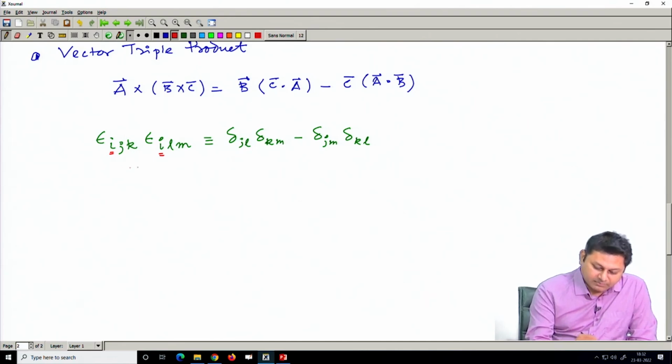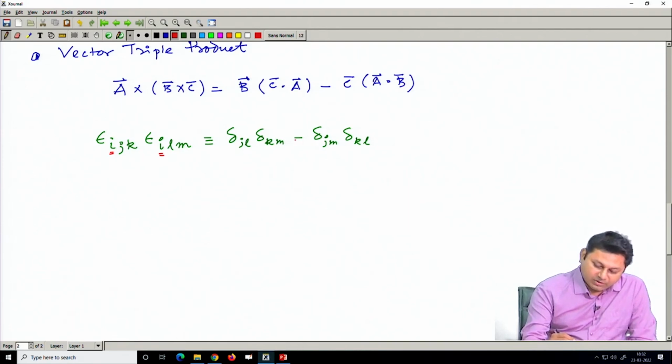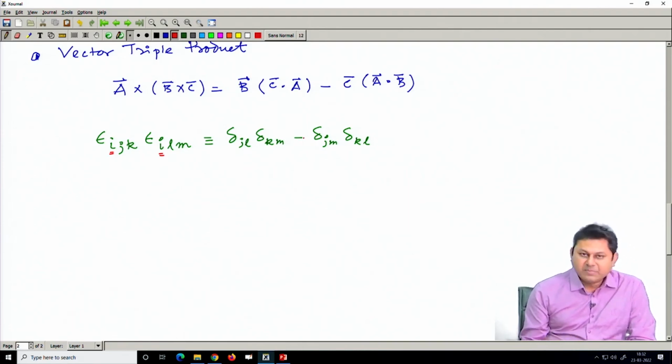So, the first term is the closer one, jl, and then next km. This pair will be put like this: j first, then l first, so jl, k second, m second, then km. Now, I reverse the order, and in order to reverse the order there will be a negative sign. You just remember it in this way.